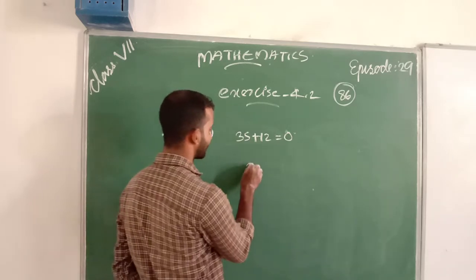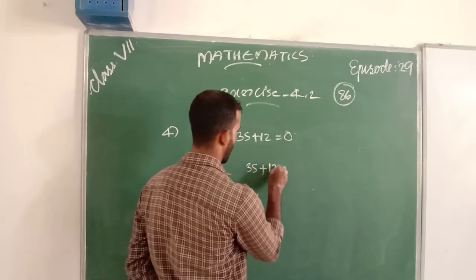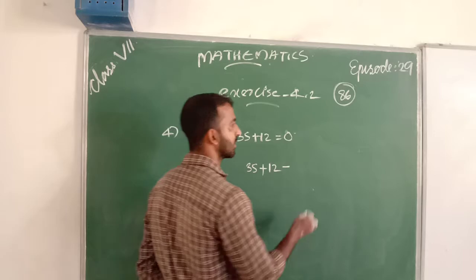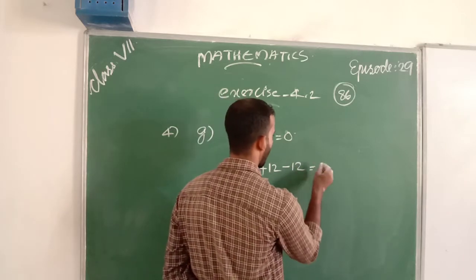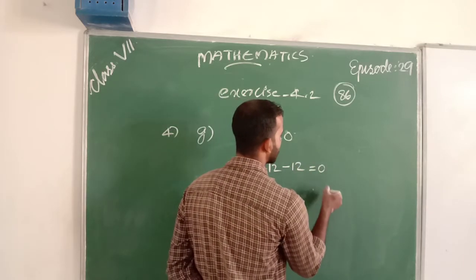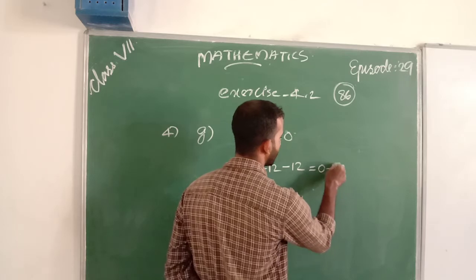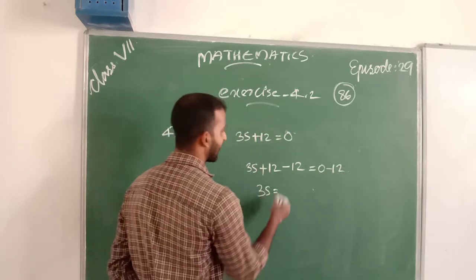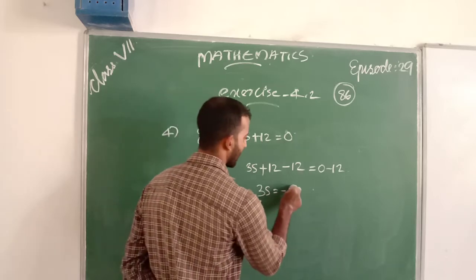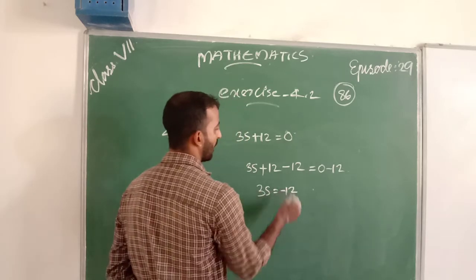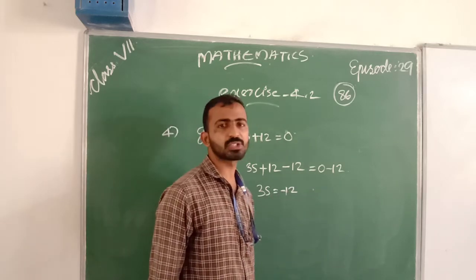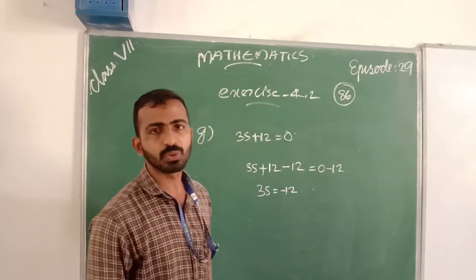We can write 3s plus 12 minus 12 equal to 0 minus 12. That is 3s equal to negative 12. When we take subtraction 0 minus 12, we get negative 12.